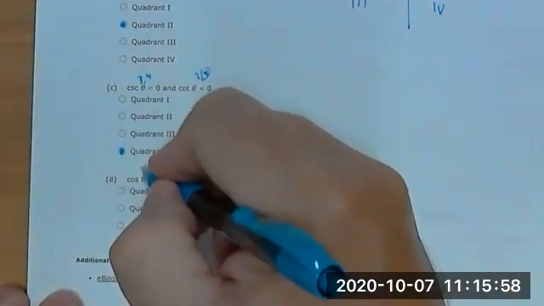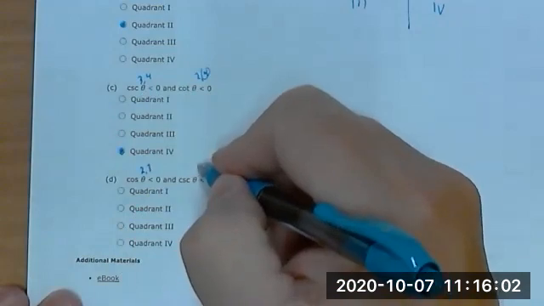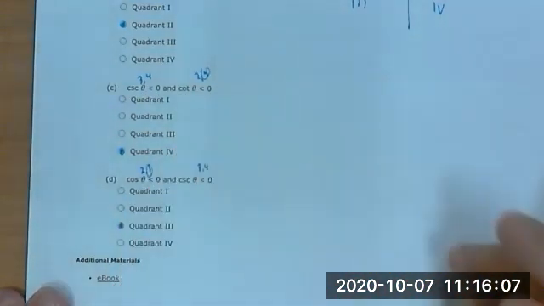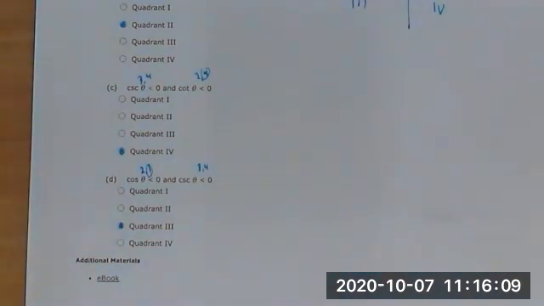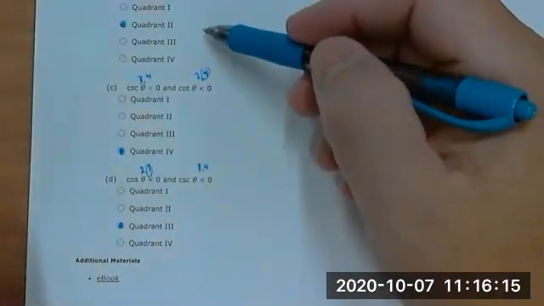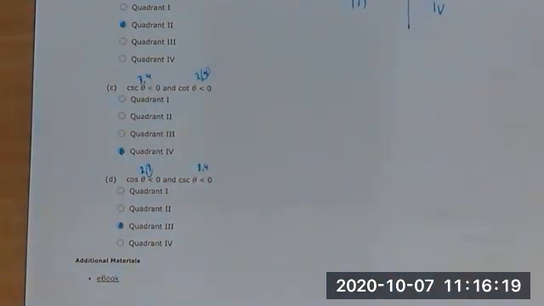Cosine negative, 2 and 3. Cosecant, which is like the sine negative, 3 and 4, what's in common? 3. And once again, I will just quickly check those. So quadrant 1, quadrant 2, quadrant 4, quadrant 3. All right.